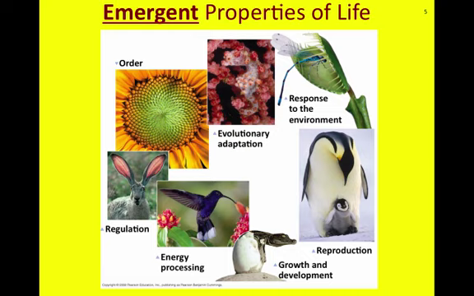A living thing also is the product of reproduction. And after reproduction, living things will go on to grow and develop. Another emergent property of life. All living things are categorized or thought to process energy or metabolize in some way, such as this hummingbird in the picture, which has a high metabolic rate.